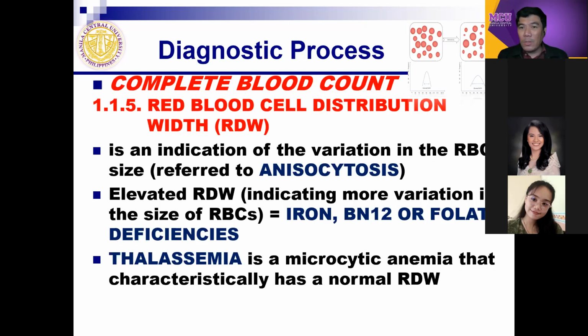So the sizes differ. Usually the parameter is, if the red blood cell distribution width is elevated, it is still related to iron, vitamin B12, and folate deficiencies. So they are still connected.